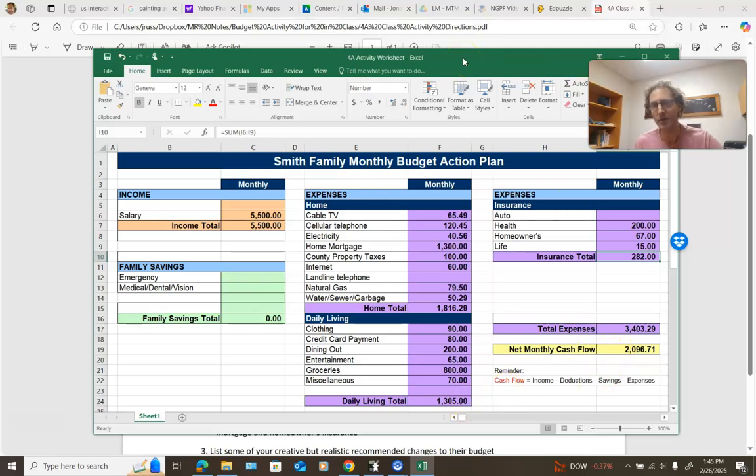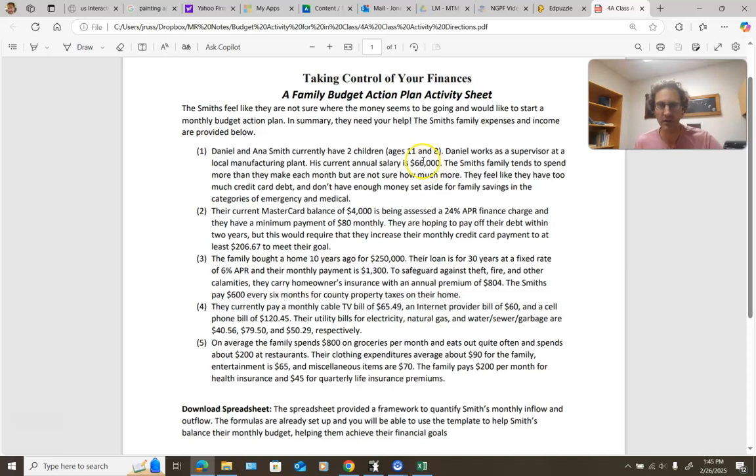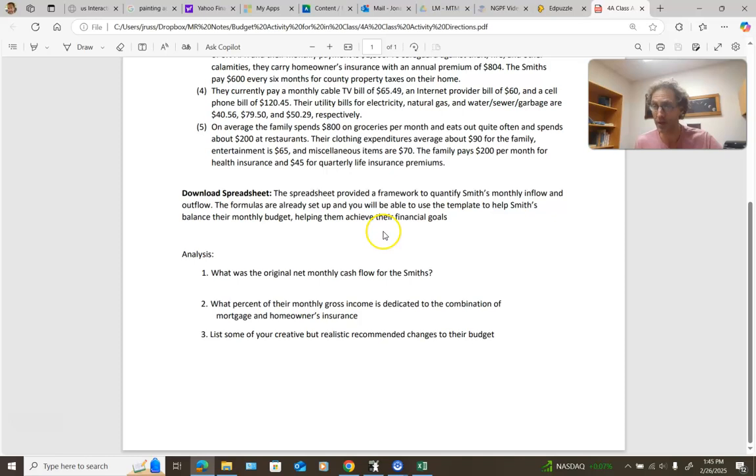One of the reasons they're in such good shape is I adjusted the figures. The initial salary was only in the 30,000s, so that's quite low, so I upped it. And especially if Daniel's a supervisor at a local manufacturing plant, I would suspect that he's making more than 30-something thousand a year.